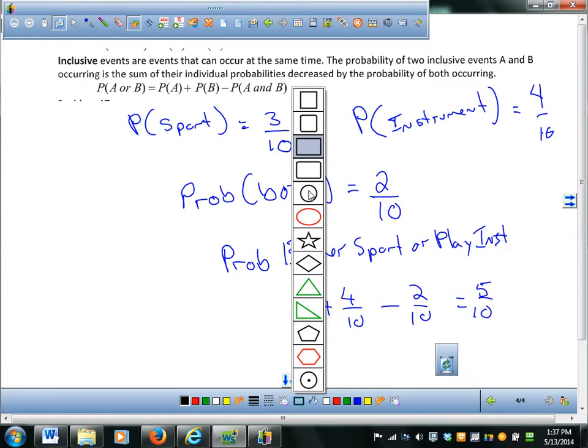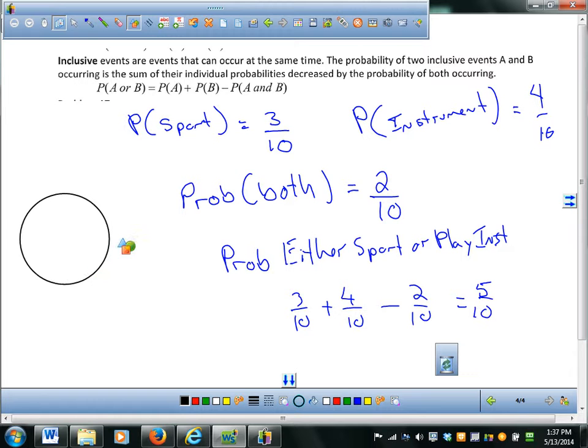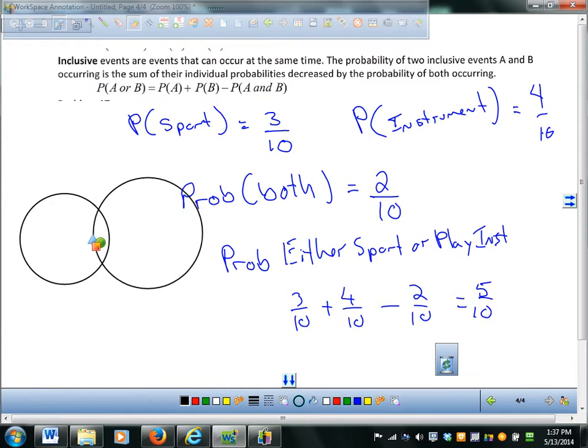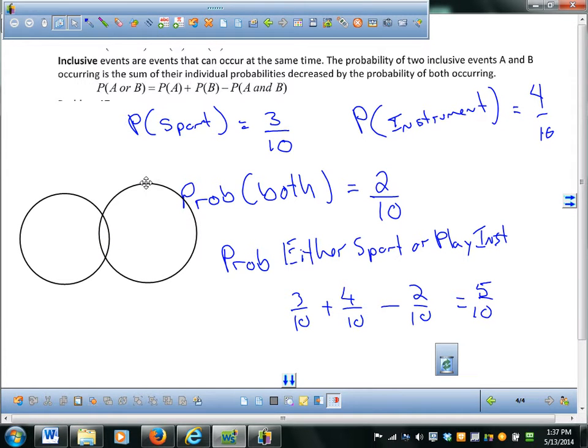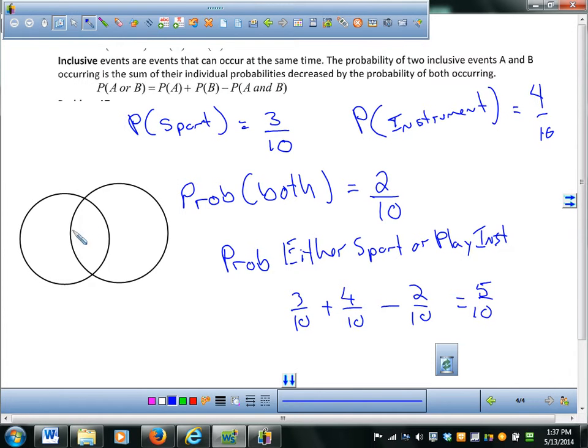Do you know about Venn diagrams? So here's all the people in here. Altogether, I have 10 people. Here's the people who do sports, here's the people who do instruments.